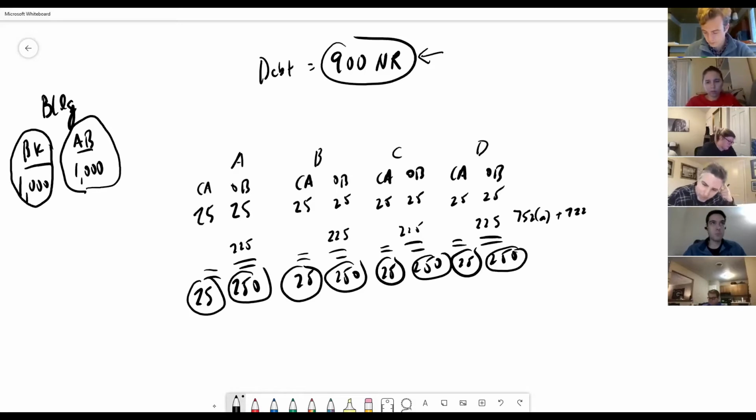And so when they're general partners, this is a rule. The red herring is, well, what if A is a general partner, it's a limited partnership, and B, C, and D are limited partners? Does that change anything? The answer is no, not when it's non-recourse, because it's still a non-recourse debt.